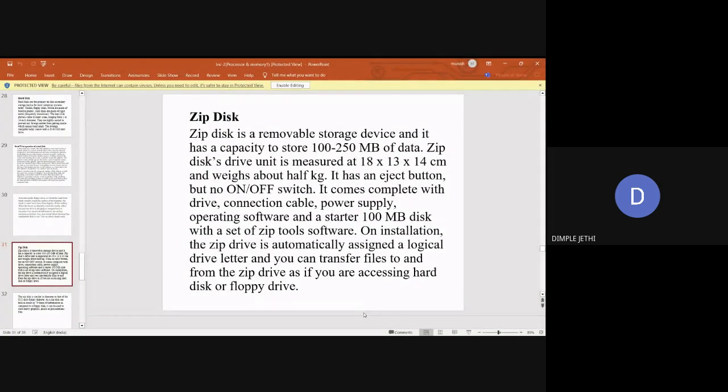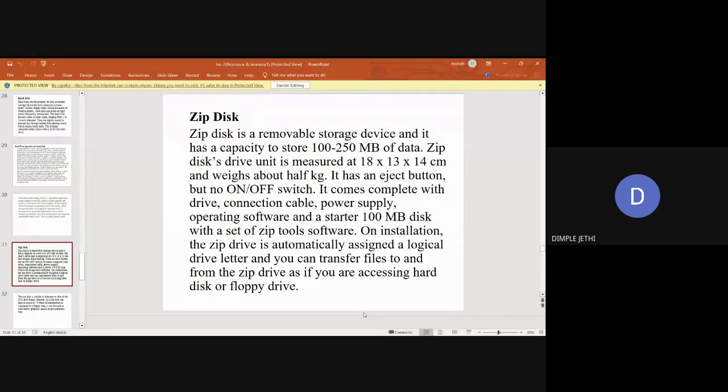Then again there is one zip disk. Zip disk is like, for hard disk you have a different drive, for floppy disk you have a different drive where you put that floppy. For CD you have a different drive, but zip disk is a removable device which has its own drive. So it comes with its own drive, with its own wire, right?